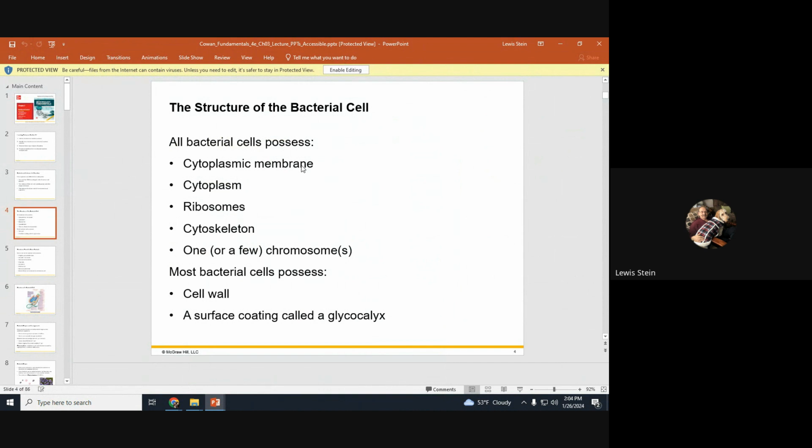Down the road, you're going to see, and all good micro textbooks call it a cell envelope because they all have a cell wall. The membrane and the cell wall are not separate, even though they are separate units. Functionally, they are not. They're married together. If the membrane is destroyed, the cell dies. If the wall is destroyed, the cell dies. Okay, so envelope is a good term because to me, that means they're a unit.